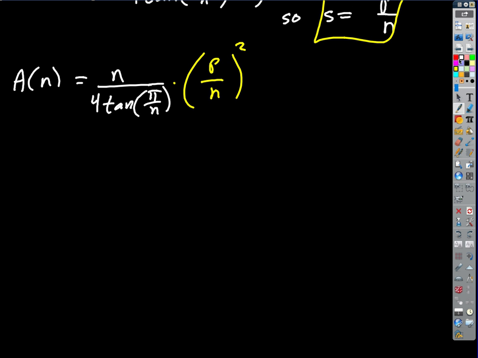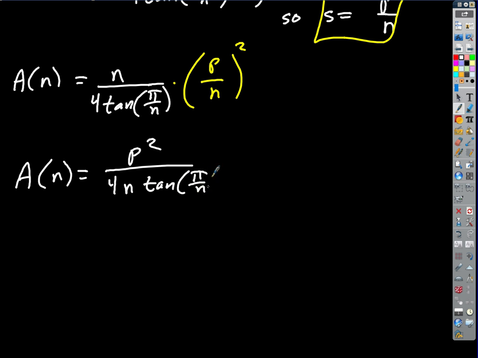So we come up with the formula A of n equals P squared. I'm going to have a P squared over an n squared, so I can cancel one of those. On the bottom, I'm going to get a 4n tangent of pi over n.